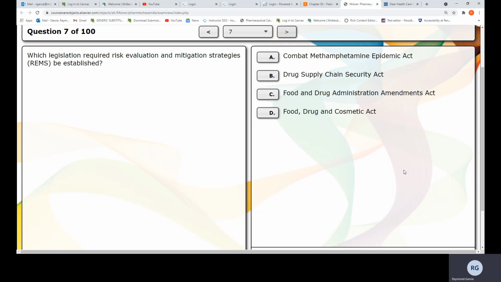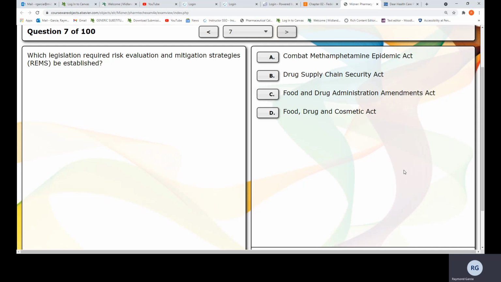Combat Methamphetamine Epidemic Act, Drug Supply Chain Security Act, Food and Drug Administration Amendments Act, or Food, Drug, and Cosmetic Act. B. You have a different guess?